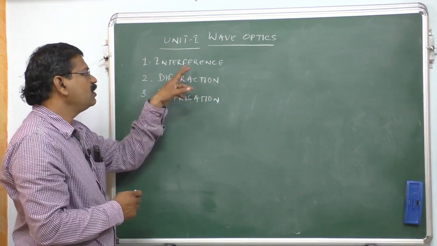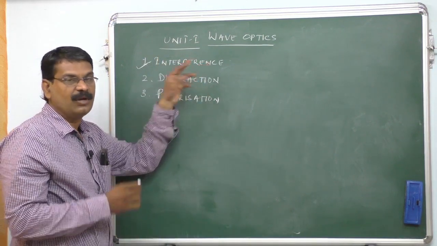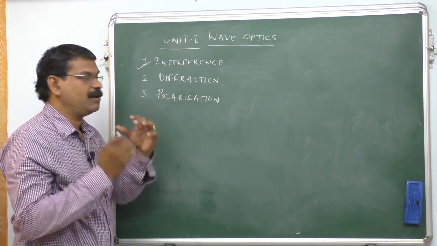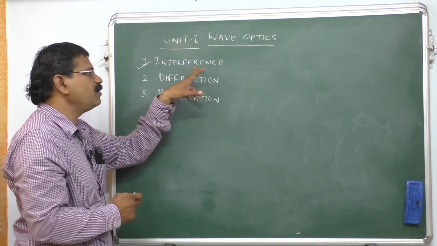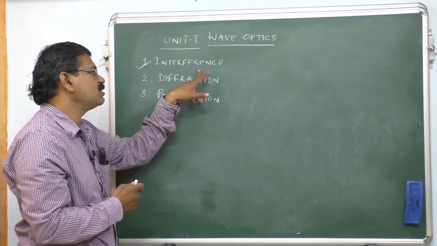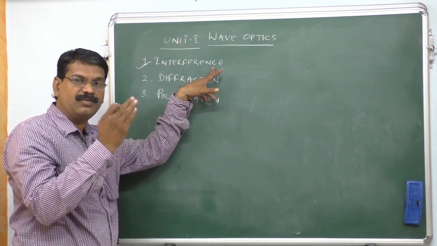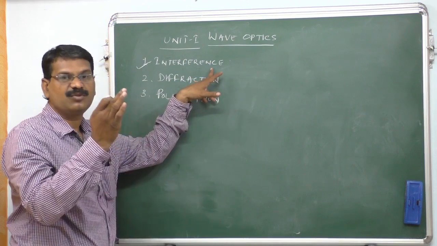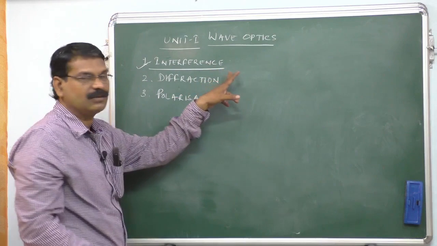First of all, what is interference here? The wave is a disturbance of the medium. So, how would we define interference? Interference is nothing but the modification of distribution of intensity in the region of superposition. So, let me tell you the concept of superposition.